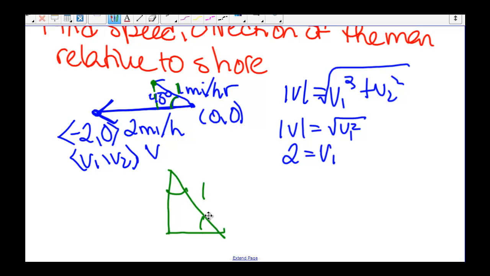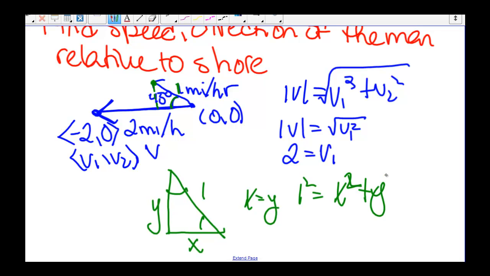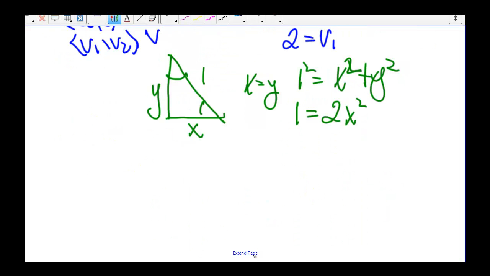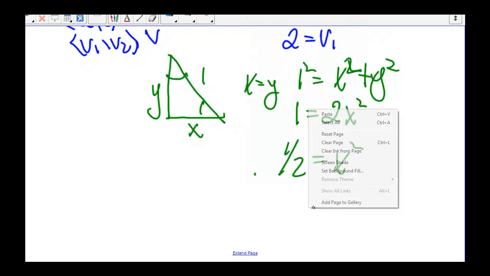We know that these two sides are equal. So using the Pythagorean theorem, we have 1 squared equals x squared plus y squared. But x equals y, so 1 equals 2x squared. So we have 1/2 equals x squared. So we have the square root.